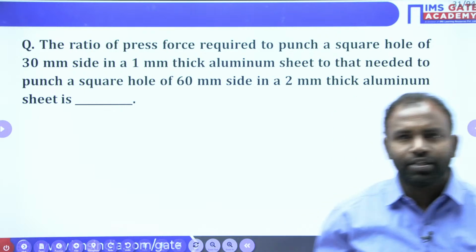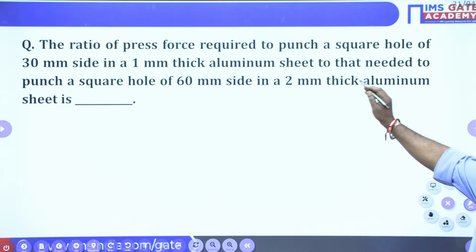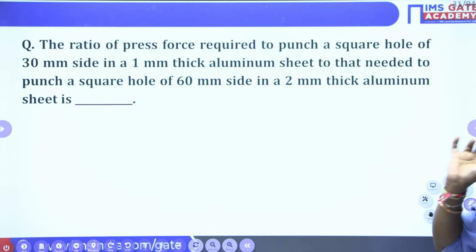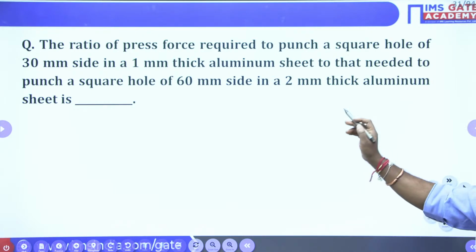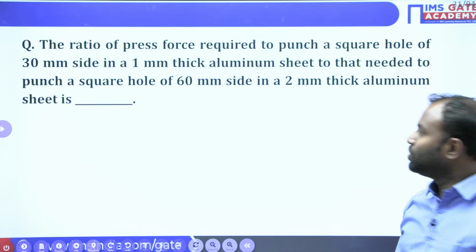Now, see, the ratio of press force required to punch a square hole 30 mm side in a 1 mm thick aluminium sheet, to that needed to punch a square hole of 60 mm side in a 2 mm thickness aluminium sheet. So, what are they asking you to calculate?